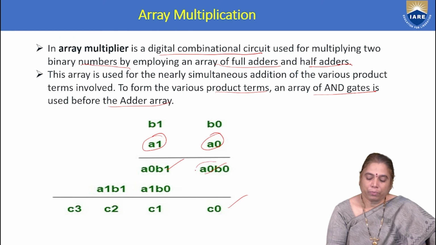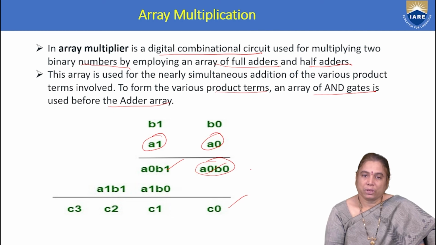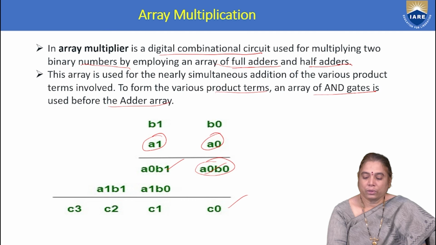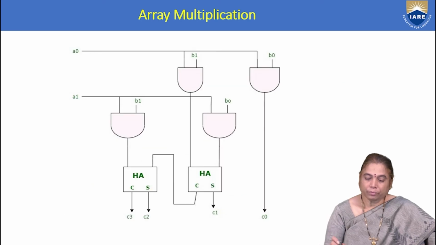To generate the product terms, the AND gate can be used. And to perform addition, the circuit that can be used for implementation is the full adder or half adder. So for this example, the digital combinational circuit is as follows.